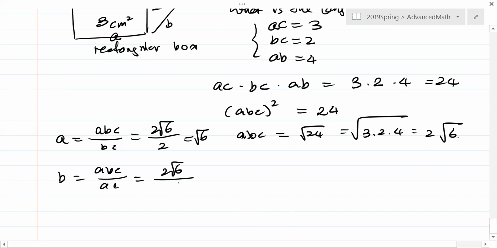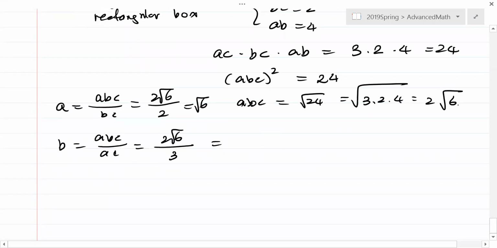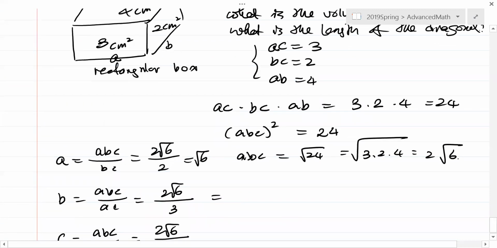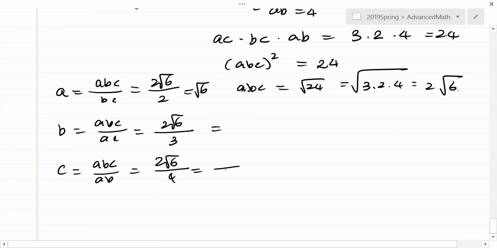What is AC? AC is 3, so it's going to be, now you cannot simplify. And then C is going to be ABC divided by AB. What is AB? Let's go back. AB is going to be 4. So you simplify a little bit.